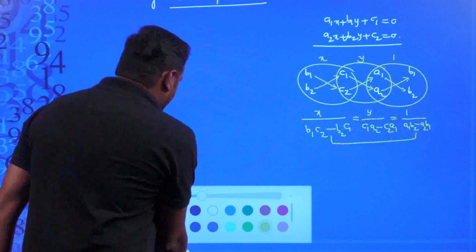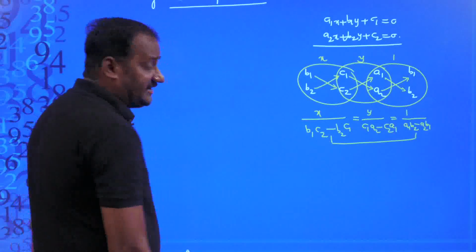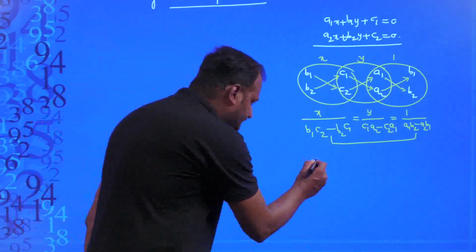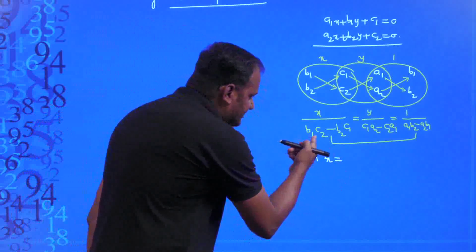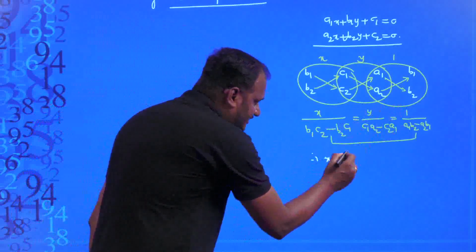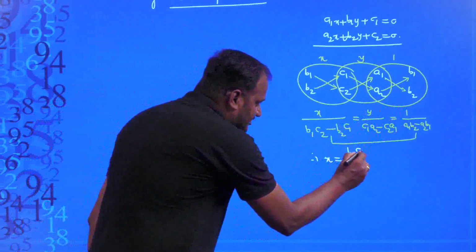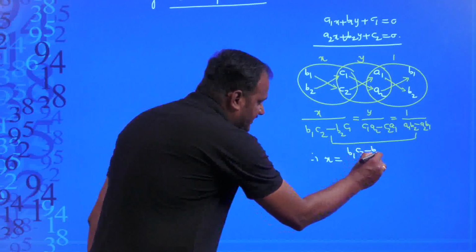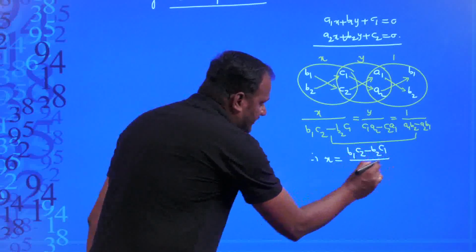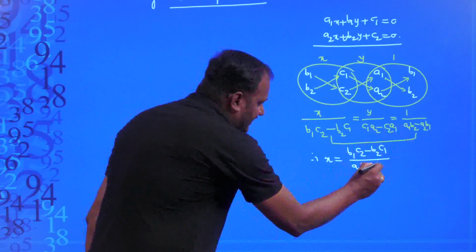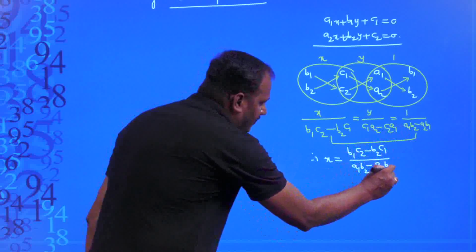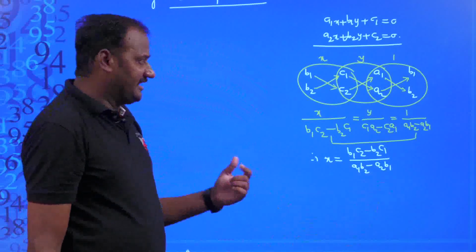With this, you can write the value of x as well as the value of y. Therefore, the value of x is B1 C2 minus B2 C1 whole divided by A1 B2 minus A2 B1, right. That is the value of x.